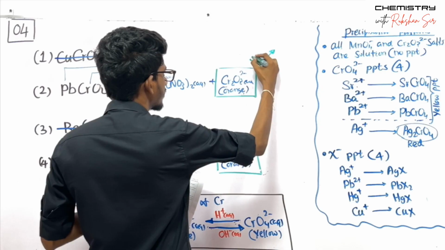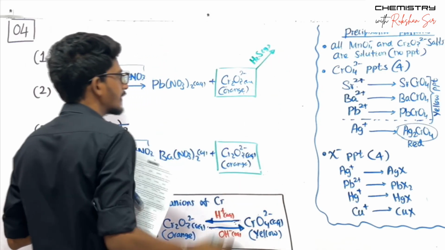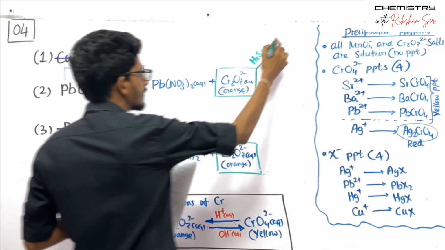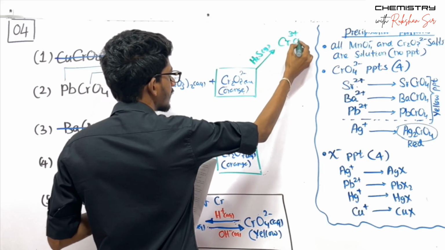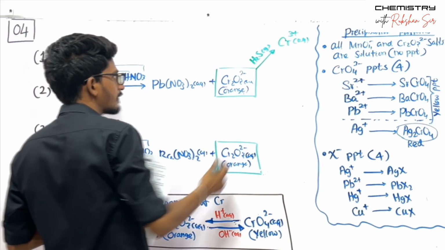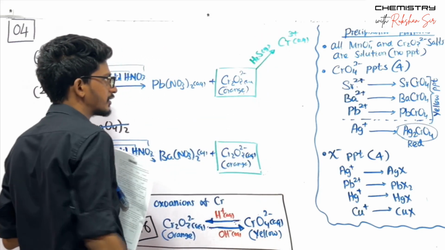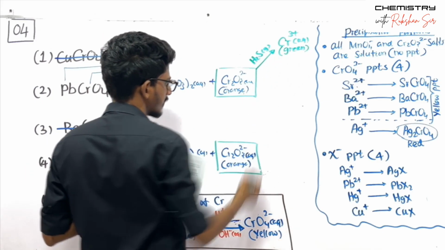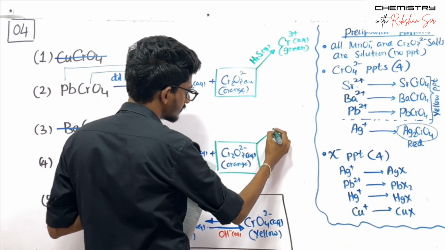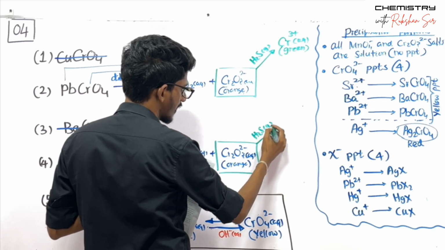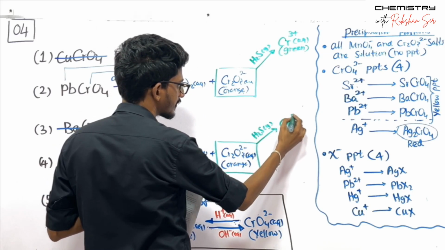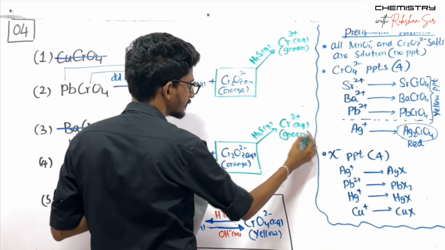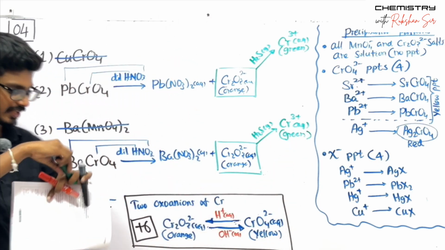With H2S gas, chromates will reduce to Cr3 plus, while H2S oxidizes to sulfur. This is a green solution. With this one as well, with H2S gas, this will convert to Cr3 plus, reduced to Cr3 plus, which is a green color solution. So still both stand.